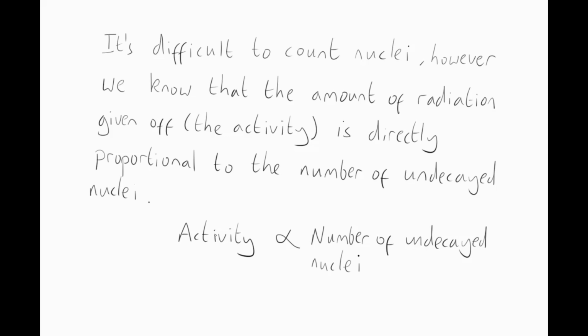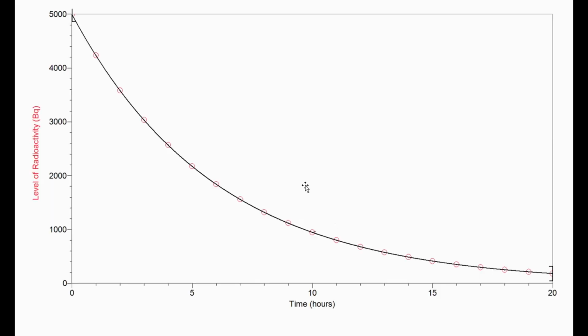So rather than drawing a graph of the number of undecayed nuclei, most scientists instead will measure the radioactivity and see how that changes over time, because if that falls over time, that means the number of undecayed nuclei is also falling over time. So we can calculate the half-life by looking at the activity and not necessarily having to look at the number of undecayed nuclei. This would be a more typical graph that scientists would draw.